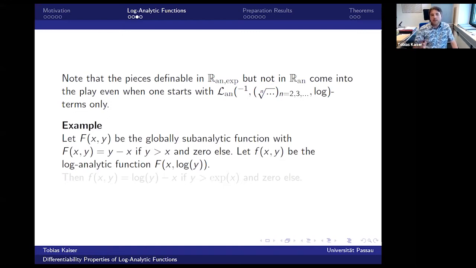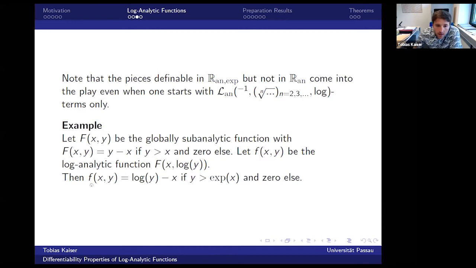The following easy example. Let big F(x,y) be, of course, the semi-algebraic function y minus x if y is bigger than x, and 0 else. Now small f(x,y) is the log-analytic function F(x, log y).